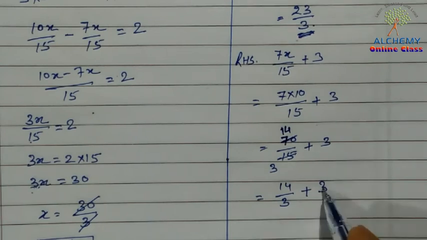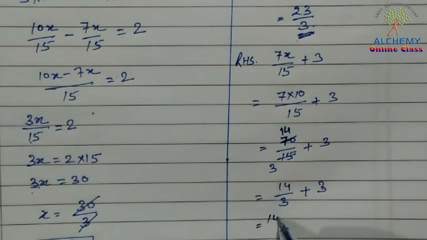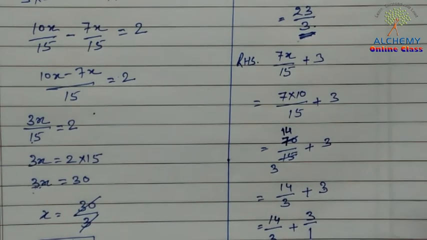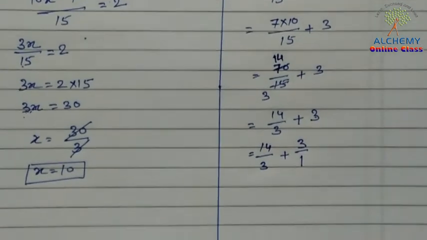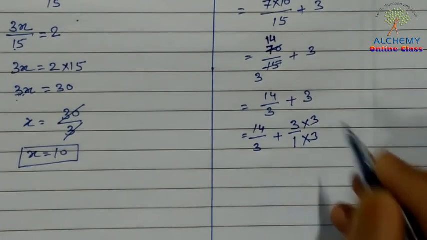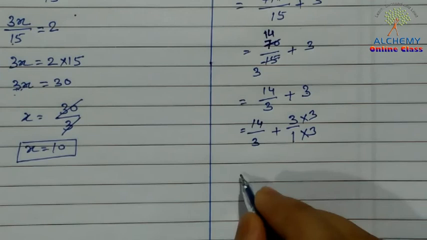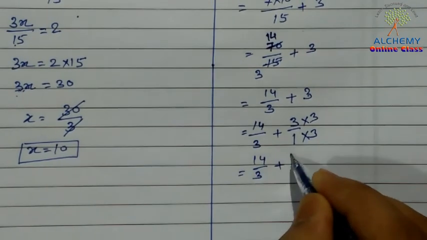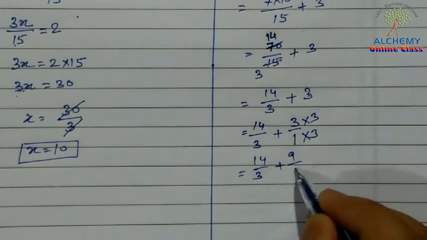Okay, so this 3 can be written as 3 upon 1, and when you want to make the denominator the same, you can multiply it by 3. Okay, so finally we can write here 14 upon 3 plus 3 3s are 9 upon 3.